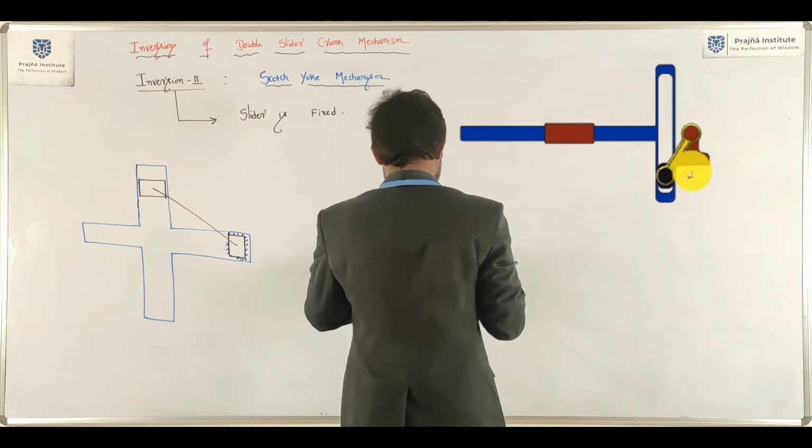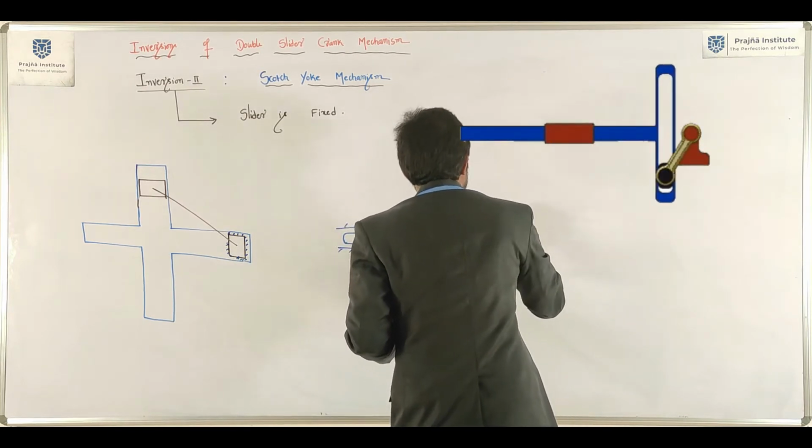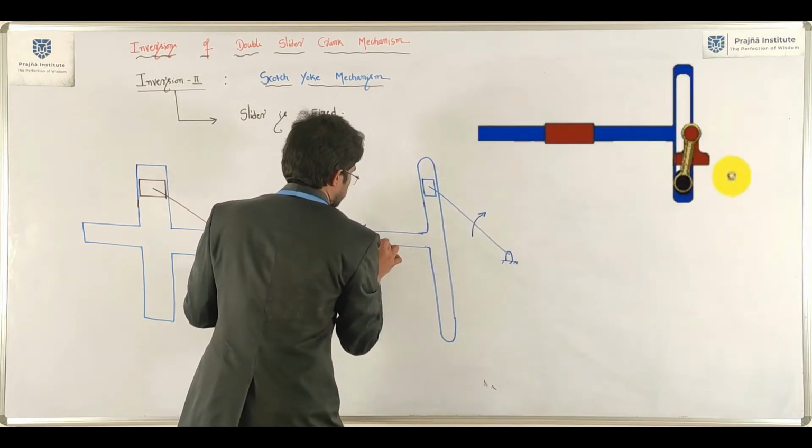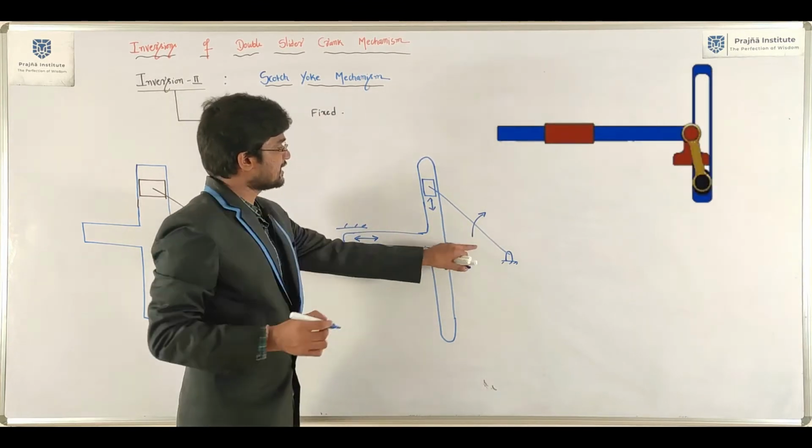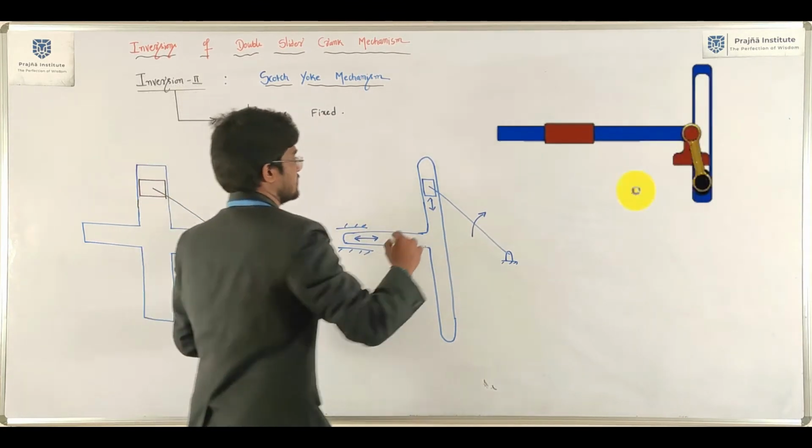It will rotate like this, then it will slide. Here you will get the double slider crank mechanism.